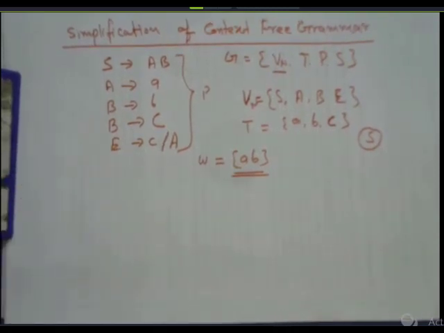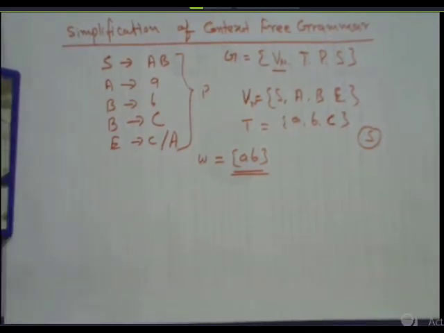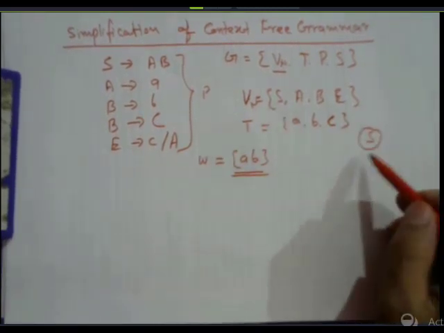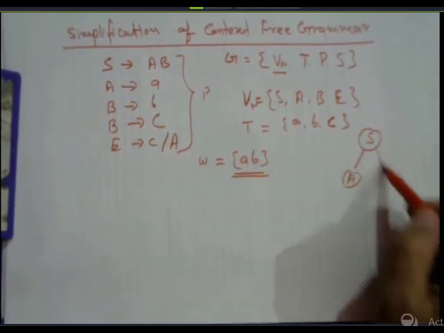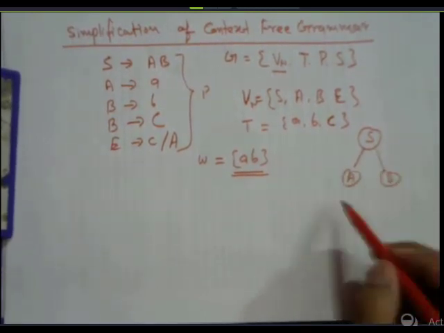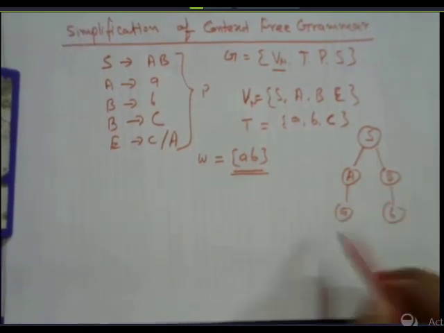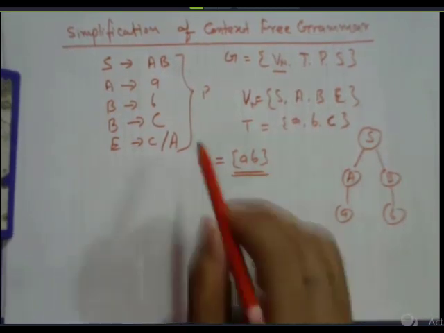But there are a lot of symbols written in the grammar that are useless. Then how do we reduce those symbols? If we draw the derivation tree, it will be simple: A, and there is symbol B. Then you can derive only this language from the grammar.